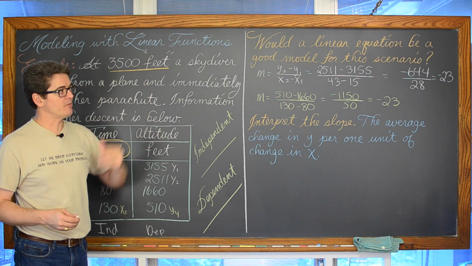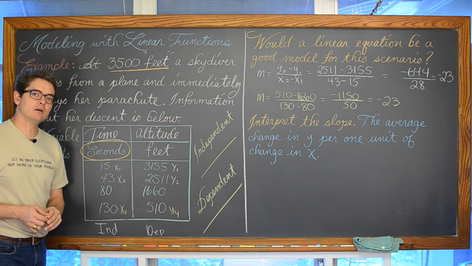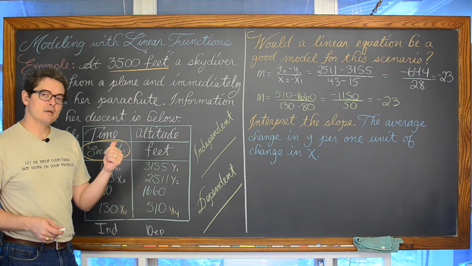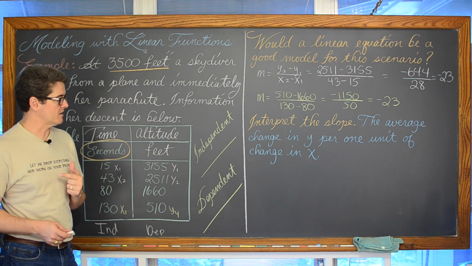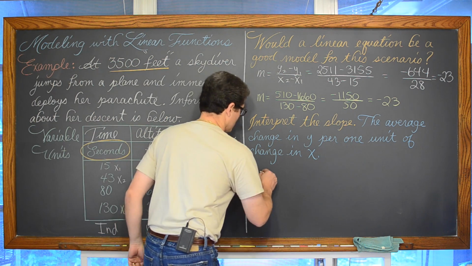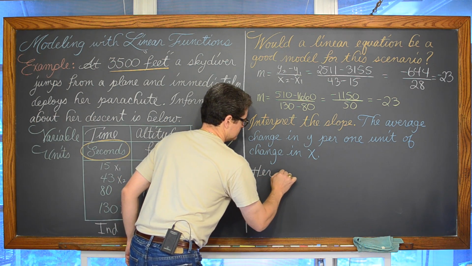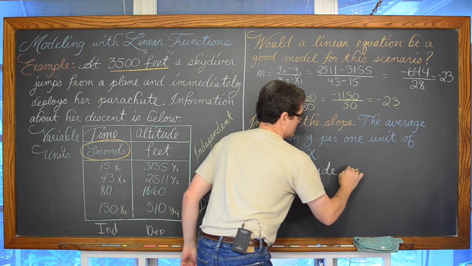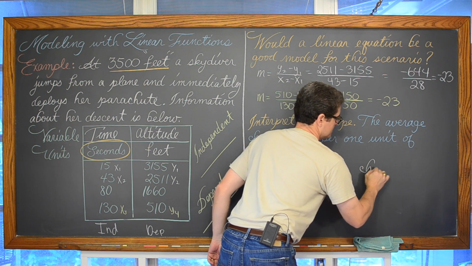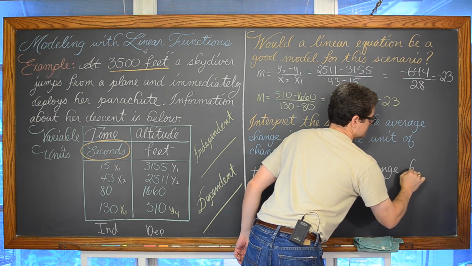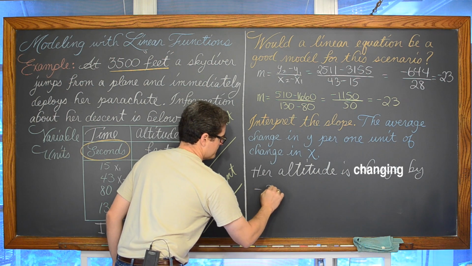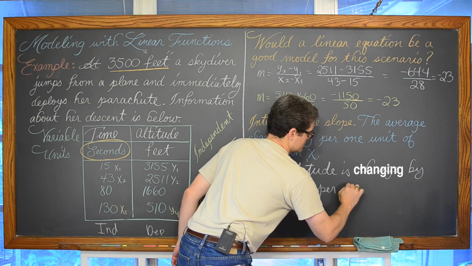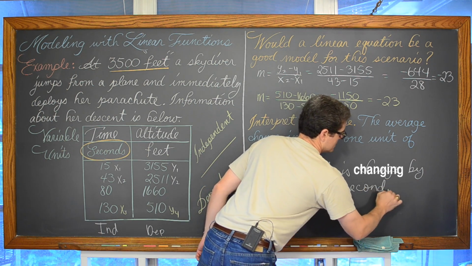So how do I interpret the slope of negative 23 in context of this problem? Well, y is altitude and x is time in terms of seconds. So one way you could say this is her altitude is changing by negative 23 feet per second.